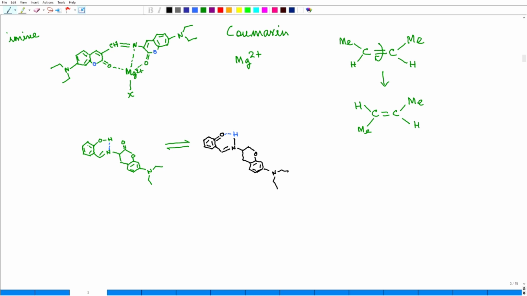nitrogen is now bonded to hydrogen, and of course, this is now 1, 2, 3, 5. So, I will change it also. So, what happens? There will be some changes.